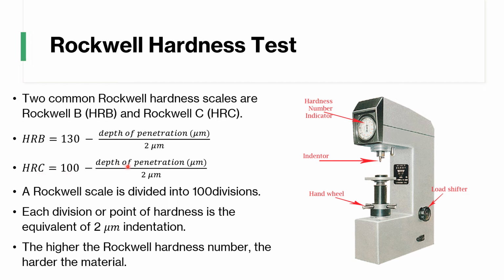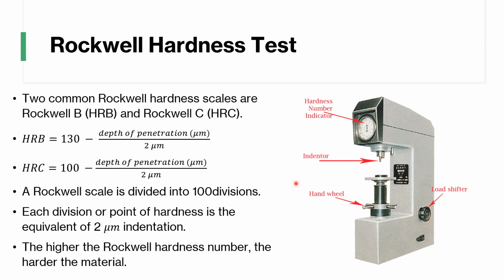Rockwell C, you're going to subtract the same from 100. Okay. So the Rockwell scale is divided into 100 divisions. That's just a division on that scale, and you can see right here. And each division or point of hardness is about 2 micrometers of indentation.